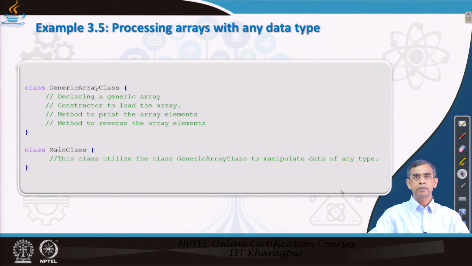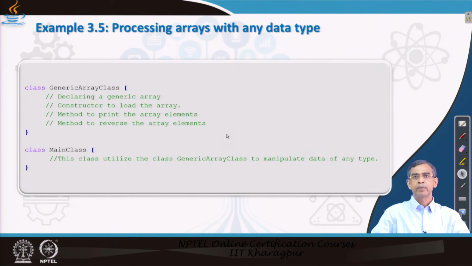This is the structure of the program that we are going to illustrate, so that we can understand how a generic class for an array with any type of data can be declared. There are a few steps: declaring a generic array, then a constructor to load the array, then a method to print the array and a method to reverse the array, so that any type of elements, integer, double or string, can be used, and all these operations can be done.